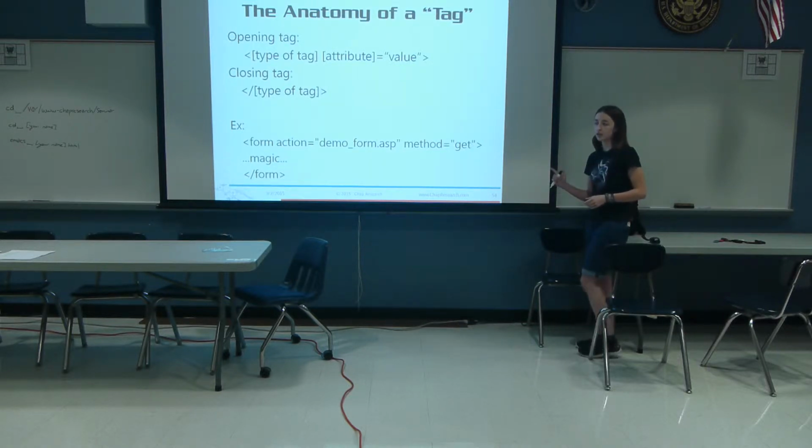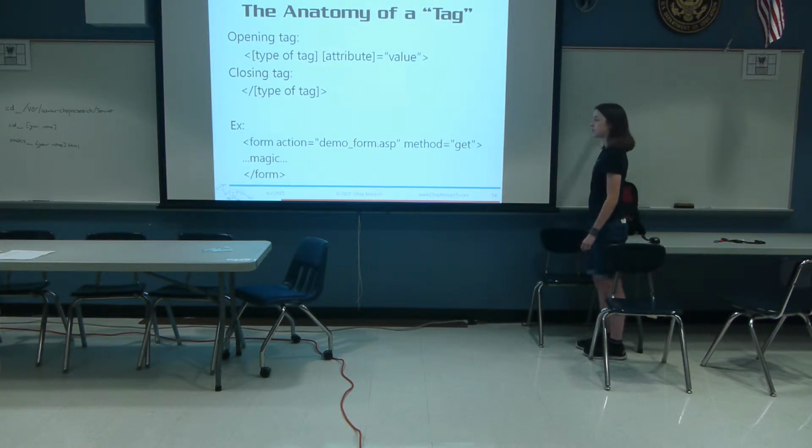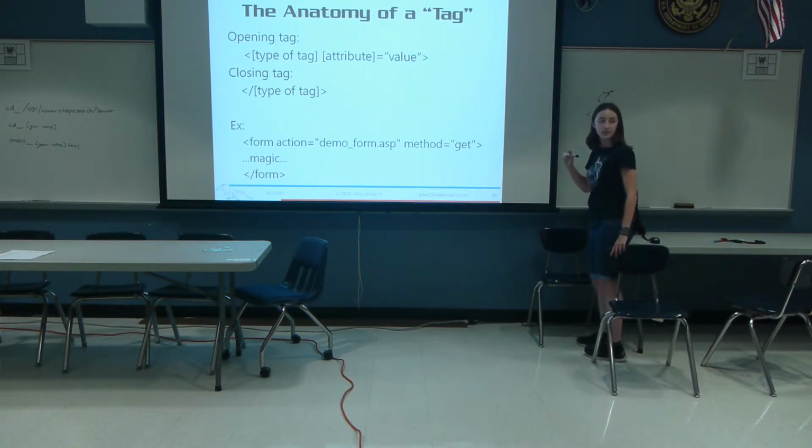We're not going to use this until probably tomorrow, but I just wanted to show you that you can use this anatomy to analyze any kind of tag and guess at what it could do. Can people see me if I write on this board? No. Okay. So, what do we think the first part is? It's the type of tag. Yeah. So what do we think it does? Tells you what it is.